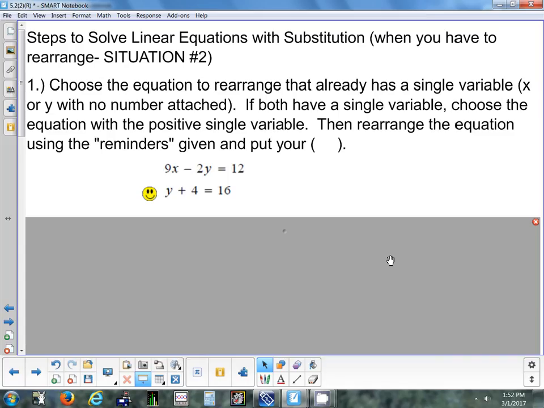Good. Now, think back to those reminders that we talked about. Is this going to be the first thing that we talked about, or the second thing that we talked about in those reminders? The first things we wrote in class today. The first situation, or the second situation? Or the first type or the second type? Shannon? Okay, so you're telling me that there's a number attached to y?